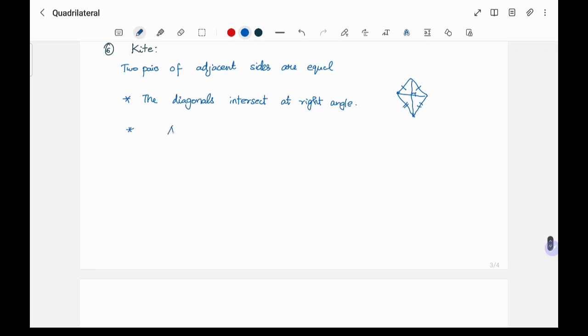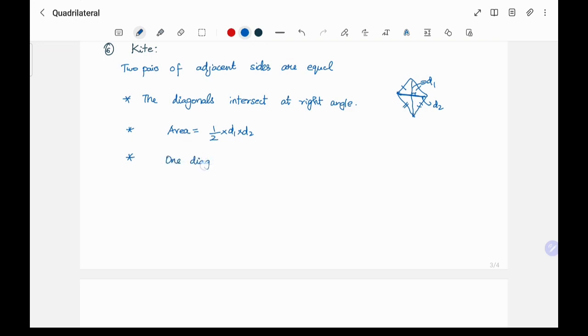So what will be the area of the kite then? It's half into d1 into d2 sine 90 degrees, which is 1. So if one diagonal is d1 and another diagonal is d2, the area is given by half into d1 into d2. We can also see this diagonal, right?